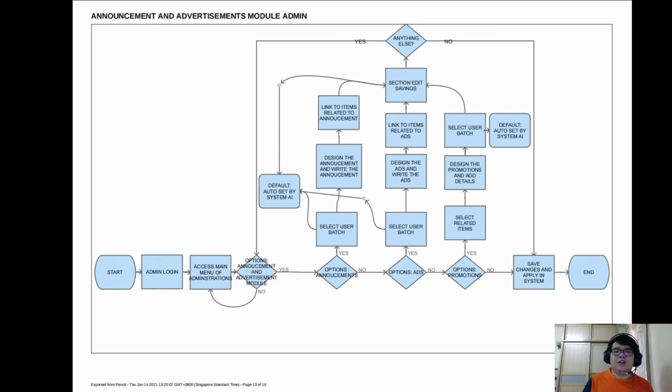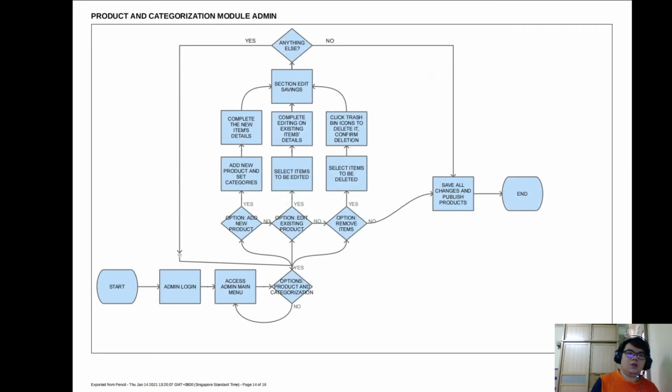Normally, the select batch user side is done by the system AI, though everything that's related to design and linking to items must be done manually by administrators. Again, after all of this is done, they will save changes and apply it into the system and end.